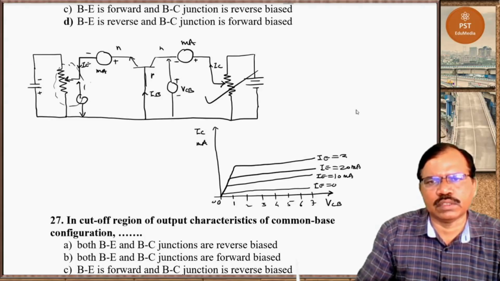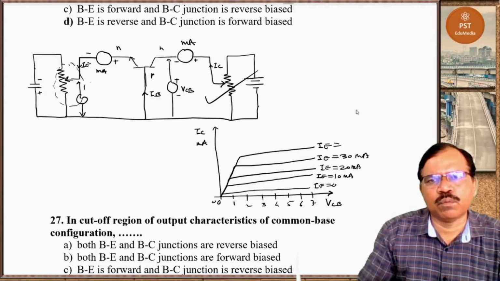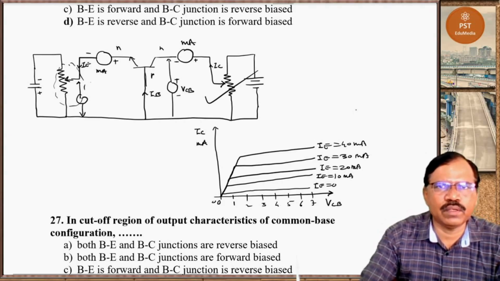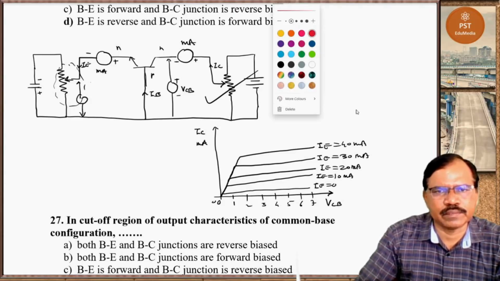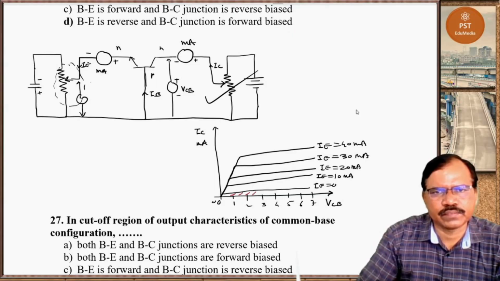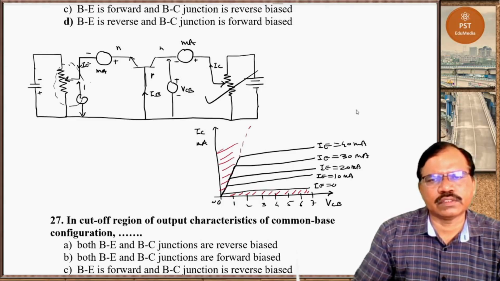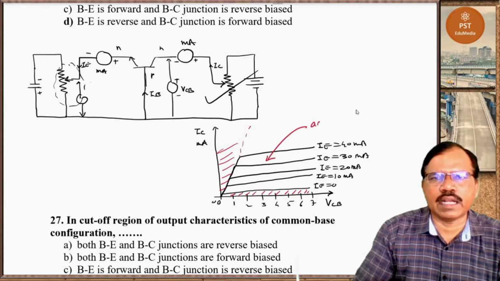IE equal to 30 milliampere, and here IE equal to 40 milliampere. This is the output characteristics. Now here we have three regions. So this region, this region like this, and this region. So this region is called the active region.